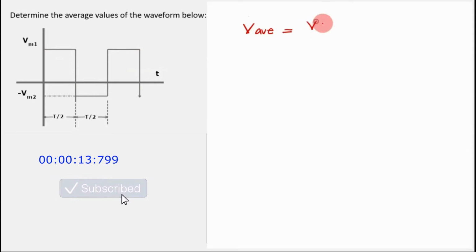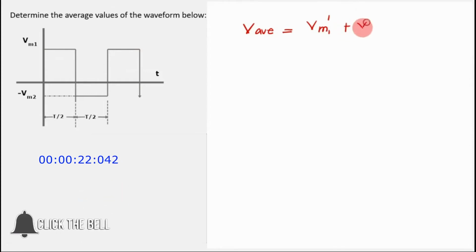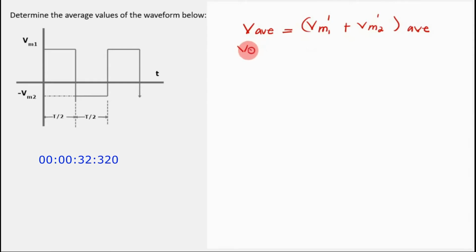The V average of Vm1, let's say that is Vm prime sub 1, and Vm2 prime. So the average of this one, we are to get that. Now let us set up the equation. The equation will go like this: V average.